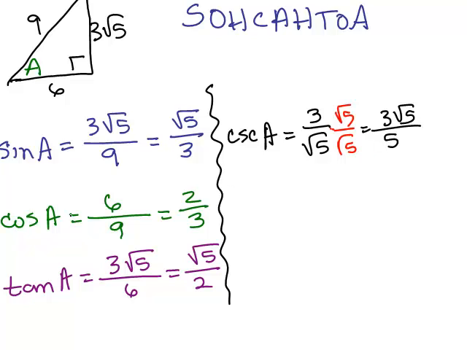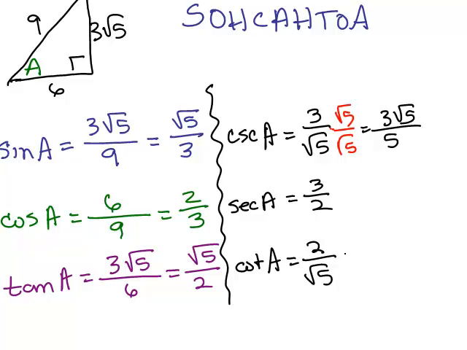The reciprocal of cosine is the secant of A, and that one's going to be easier. The reciprocal of 2/3 is 3/2. And for the cotangent of A, we do the reciprocal, so it'll be 2 over square roots of 5. And again, you can rationalize the denominator to get 2 square roots of 5 over 5.